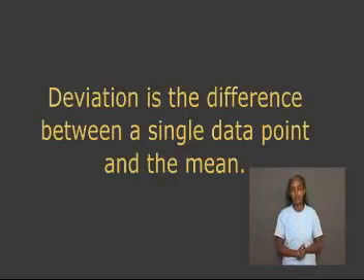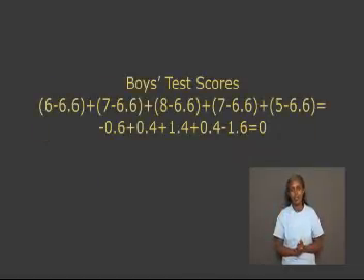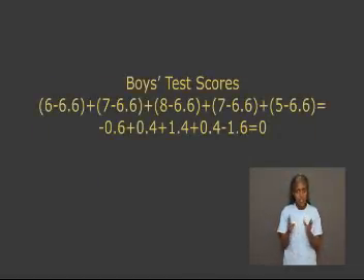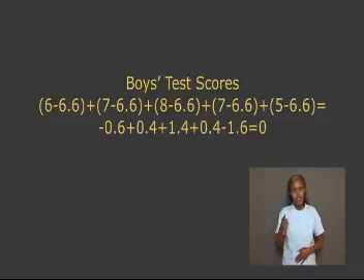The sum of the deviations of individual observations from mean is 0. Using the data set from our activity, let us prove this theory. If we subtract the mean from each of the individual scores, the result is 0.